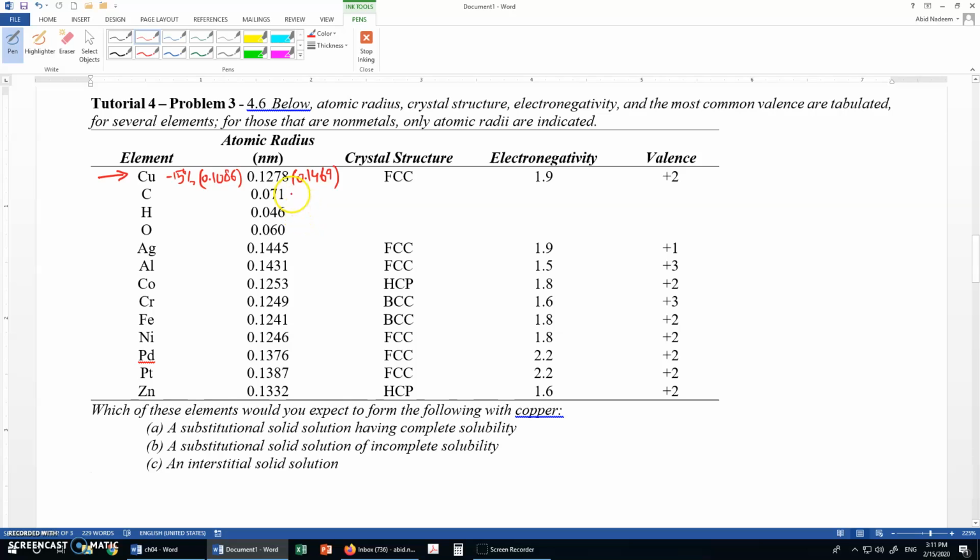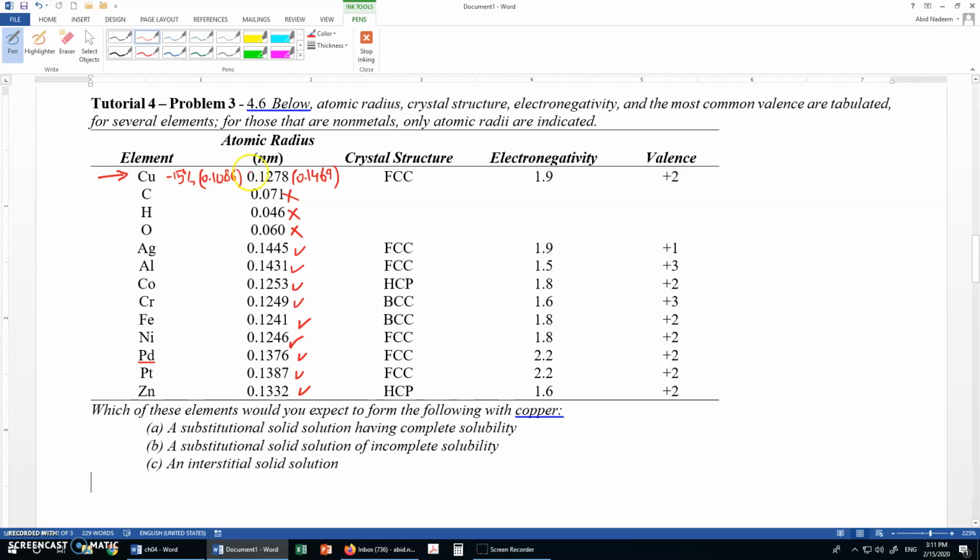So: carbon no, hydrogen no, oxygen no, silver yes, aluminium yes, cobalt yes, chromium yes, iron yes, nickel yes, palladium yes, platinum yes, zinc yes.